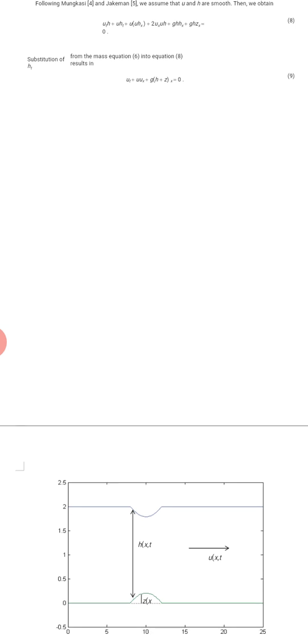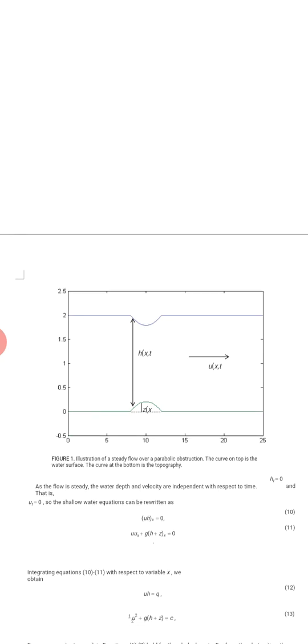Then we substitute h_t from the mass equation, equation number 6, into equation number 8, and the result is u_t plus u into u_x plus g into h plus z of x equal to 0.